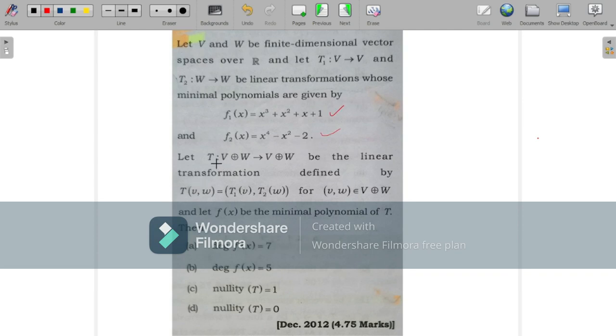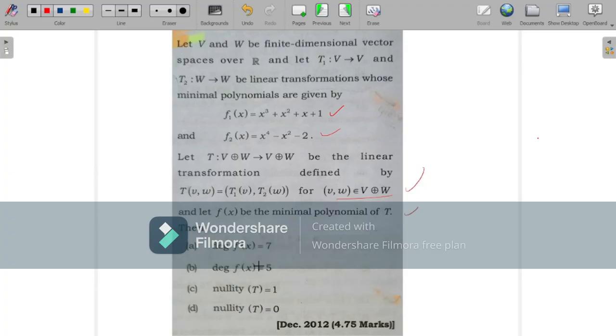Let T be another linear transformation from V direct sum W to V direct sum W defined by T of (v, w) equal to (T1 of v, T2 of w), where (v, w) belongs to V direct sum W, and let f(x) be the minimal polynomial of T. Then we have to find the degree of f(x) and the nullity of the linear transformation T.